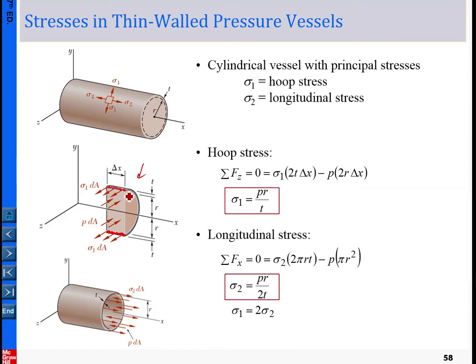In this z direction, we take the equilibrium. On one side, on the two strips, is the distribution of the stress. Here sigma 1 is the stress, and 2 means the two strips. T times delta x is the area of each strip.